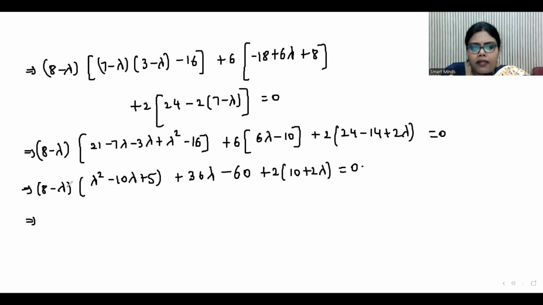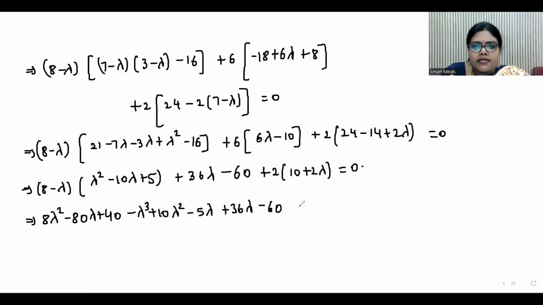So if you multiply these two brackets, you will get 8 lambda square minus 80 lambda plus 40 minus lambda cube plus 10 lambda square minus 5 lambda plus 36 lambda minus 60 plus 20 plus 4 lambda is 0.